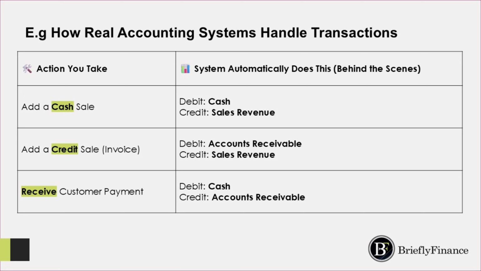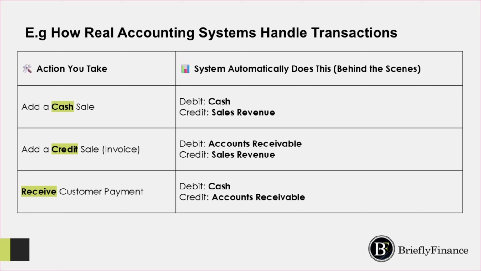Even if your sale was on credit, you will say sale, and then you will choose, oh, sale on credit. We didn't receive the cash yet, and it will automatically generate. Then as you are receiving customer money at the last step, you sold on credit, but then the customer paid, you will just say we received this related to this customer, and it will automatically generate.